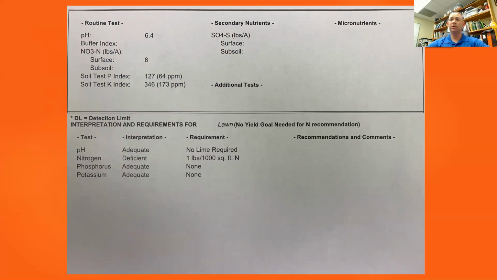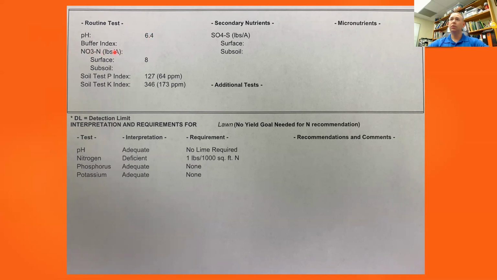So if you get a soil analysis done here for fertilization, this is what it will look like whenever it comes back from our lab. This is a standard fertilizer report. We have our routine test up here. We have our pH, which in this case is 6.4, which is pretty darn good.